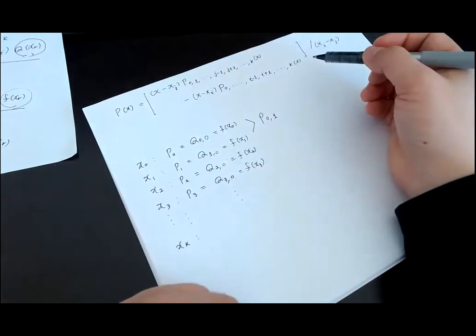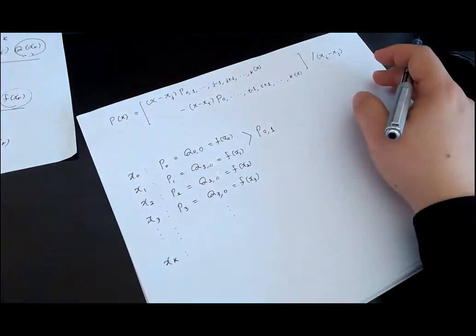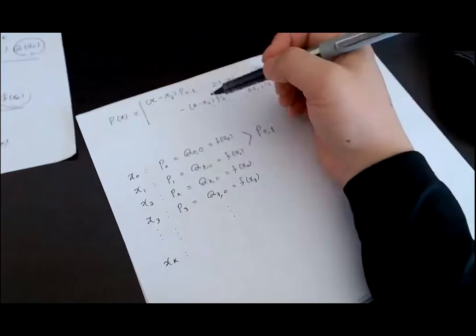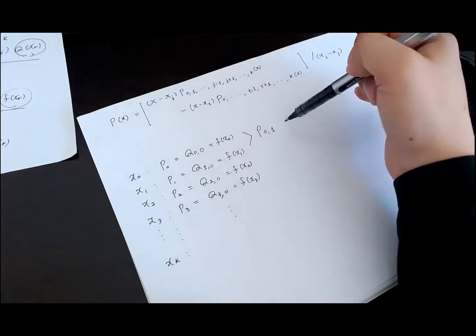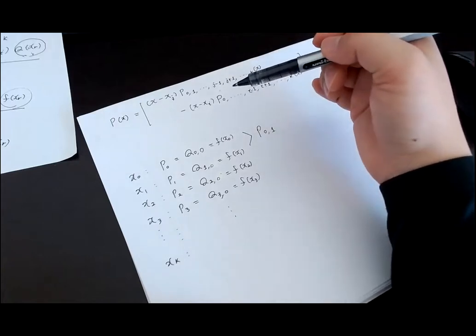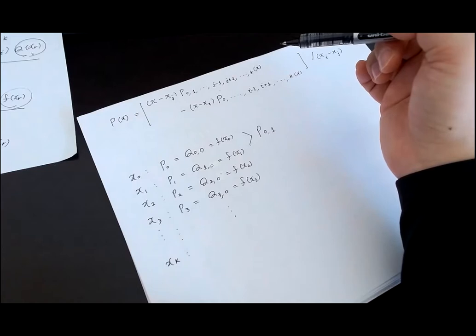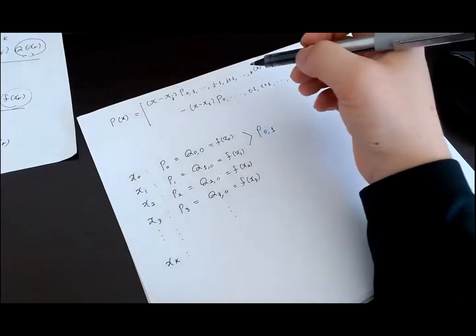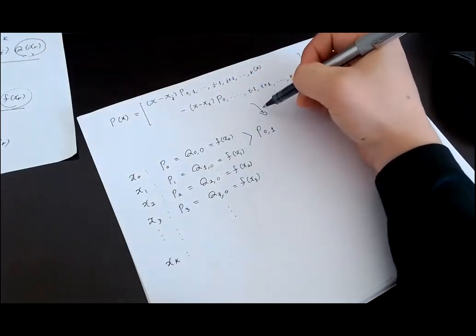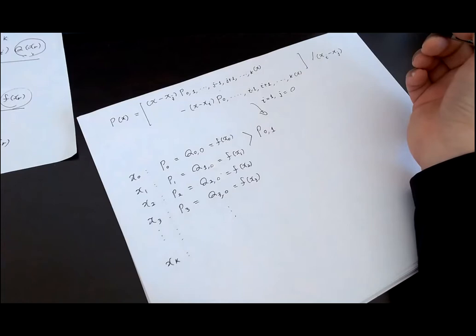Now, how can you apply this here? You just consider that i is 1 and j is 0.